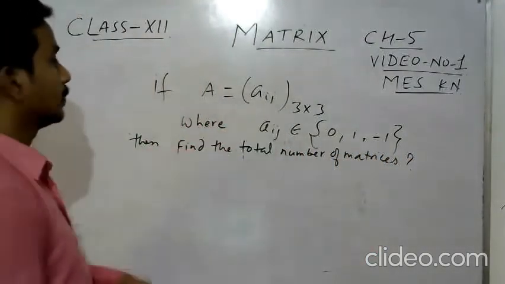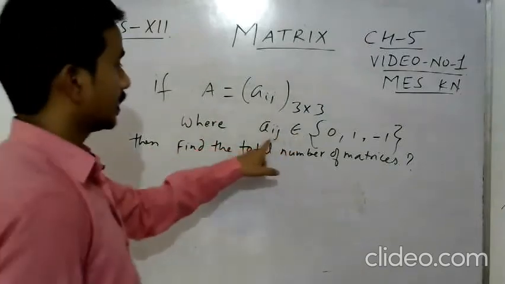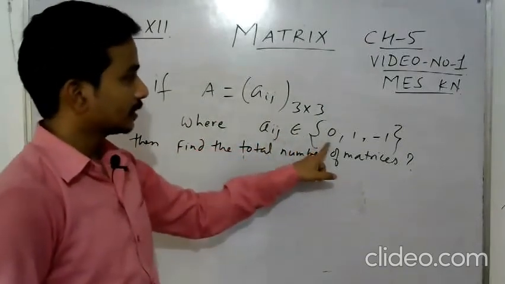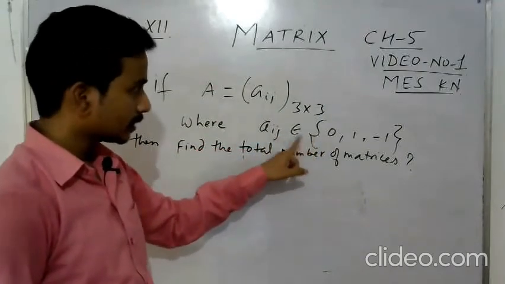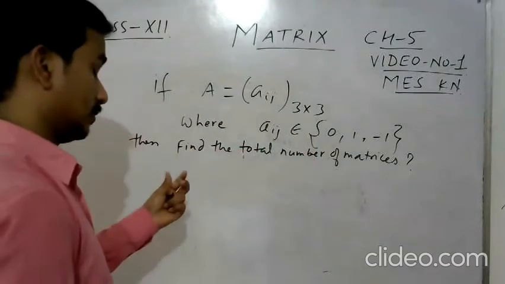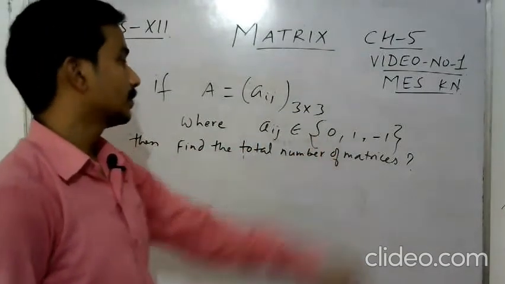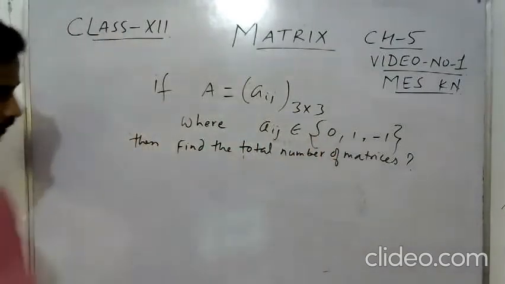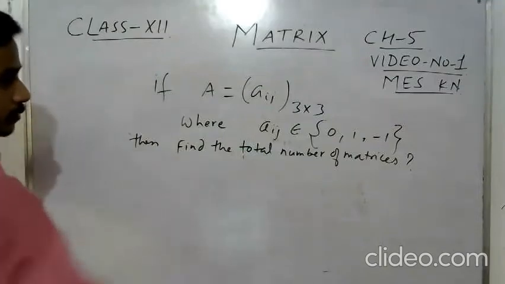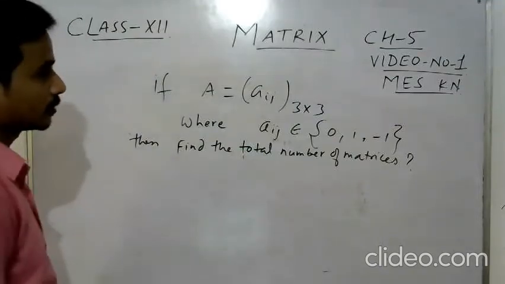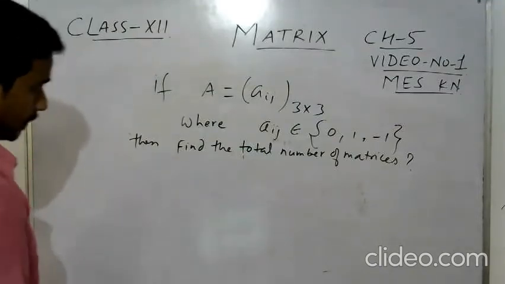So there is a 3 by 3 matrix, and each element can take a value. There are three values which any element can take, which are 0, 1 and -1. So the question is saying find the total number of matrices. So how will we solve this problem?